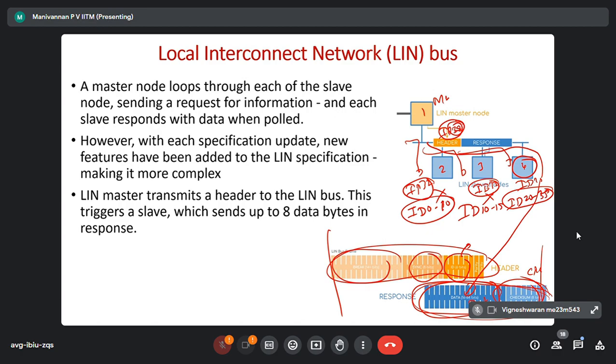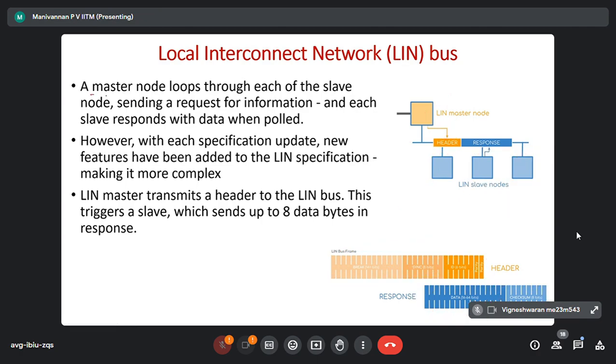So if the master sends 32, who can respond? Only this node has the data, even though everybody will listen. What is the job of the slave? Listen to what the master is asking. If that message is available here, I want this message, the master is saying. Then immediately the slave will start sending data along with the checksum.